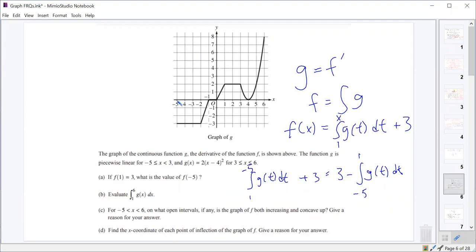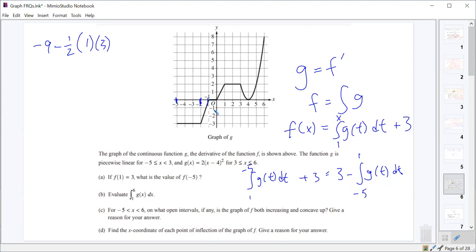Well, from -5 to -2, that's just a square, and it's a square that's below the x-axis, so that should be -9. Then from -2 to -1, that's a triangle. It's below, so we're going to do minus, and then it's 1/2 the base, which is 1, times the height, which is 3. From -1 to 0, it just plots across the x-axis, so that should be 0.